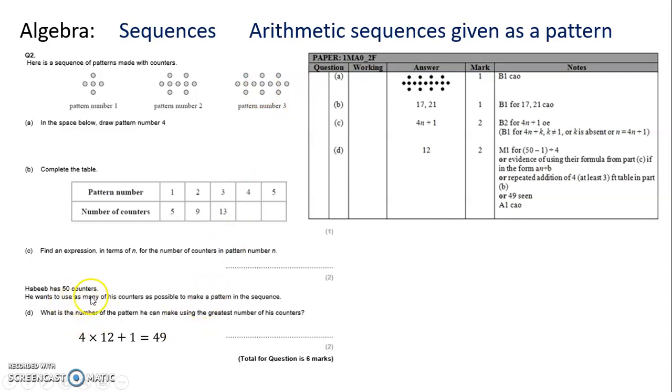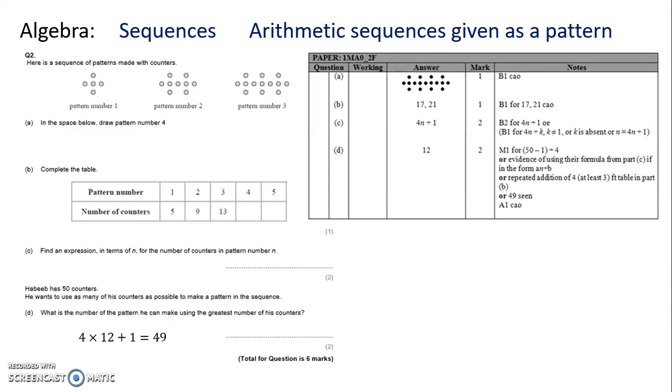Right, Habib has 50 counters and he wants to use as many of his counters as possible to make a pattern in the sequence. What is the greatest number of the pattern he can use? So what I did was I thought, okay, this is a sequence connected to the 4 times table because it's 4n add 1.